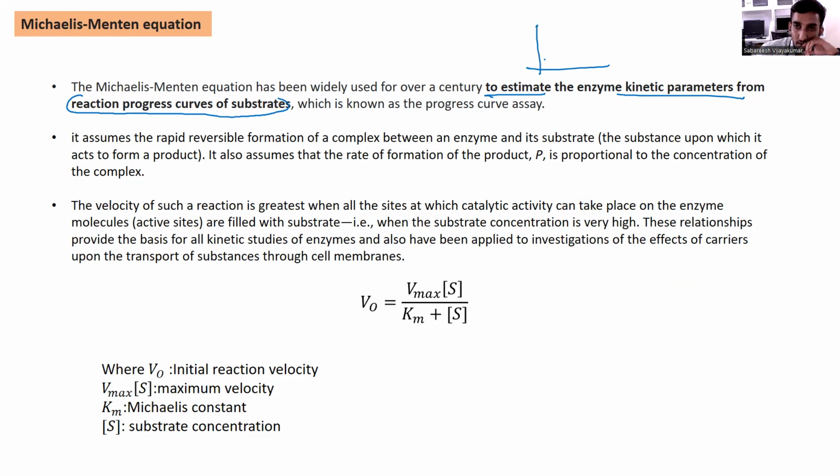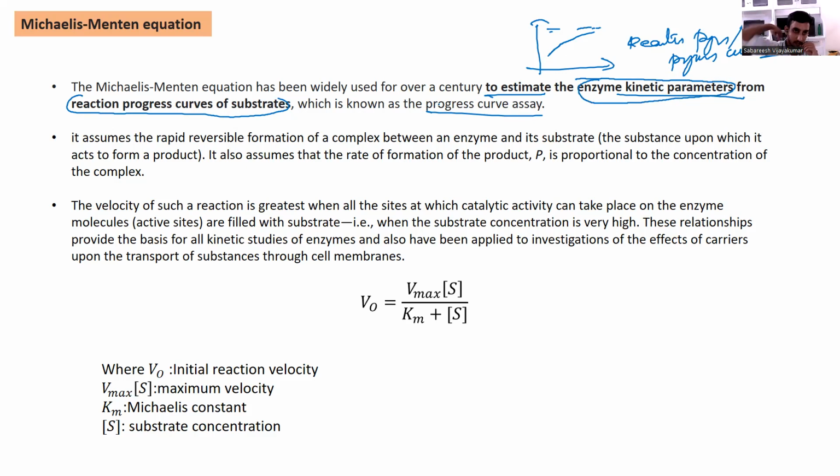The rate will be increasing and after that it will stabilize, in the case of an enzyme. This is also called the progress curve assay. The equation is used to determine the enzyme kinetic parameters from the reaction progress curve of the substrate.